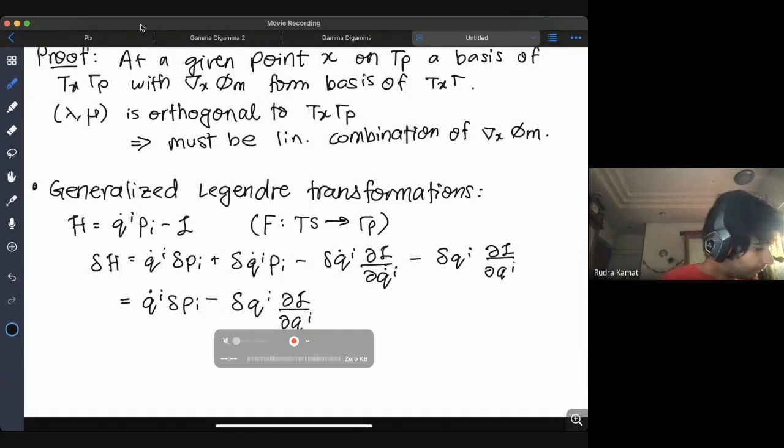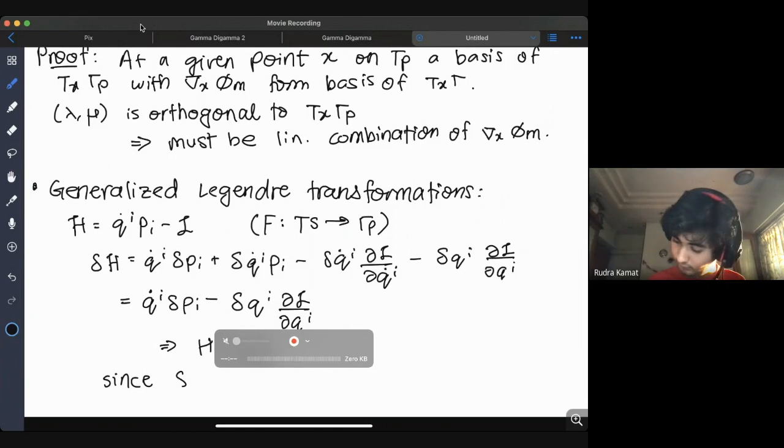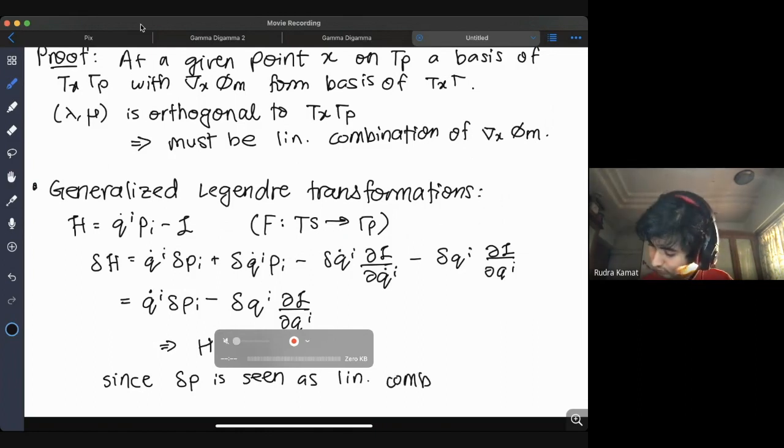So this means that this Hamiltonian is a function of p and q, since delta p is seen as a linear combination of delta q and delta q_i dot.